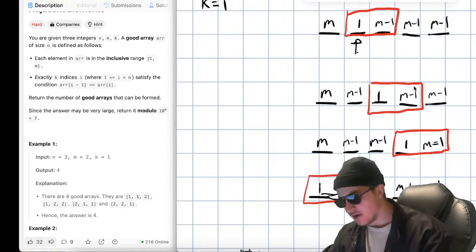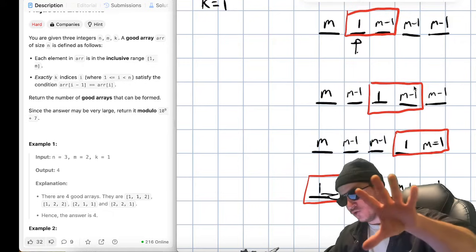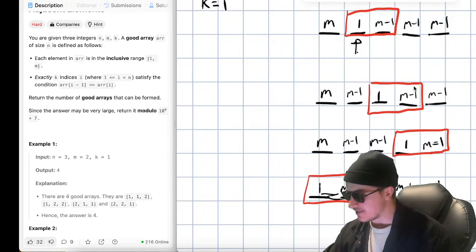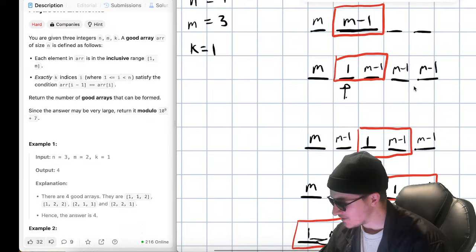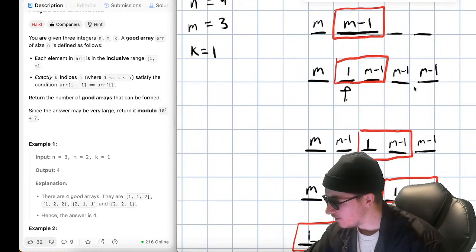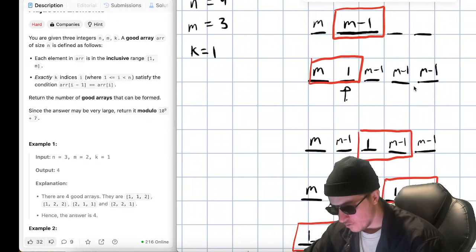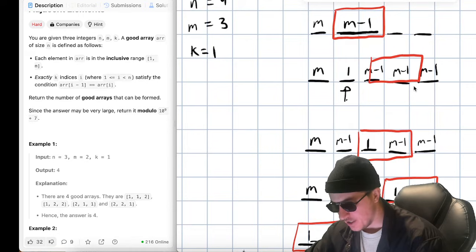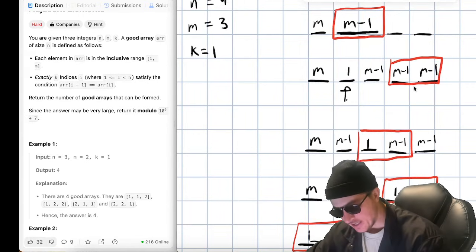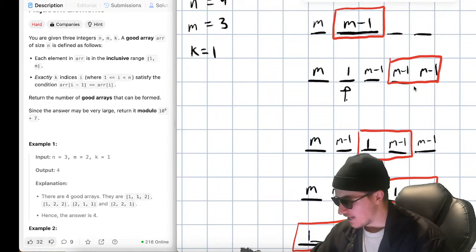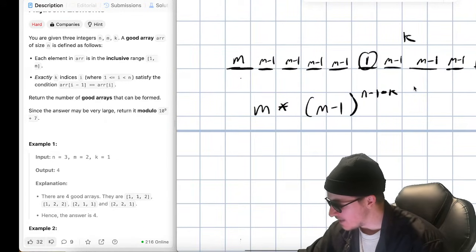So it becomes a question of how many ways I can choose the k's from the places that I can put them. For n equals 5, the 1 can be in 1, 2, 3, or 4 separate locations, so there's n minus 1 ways that I can do this.